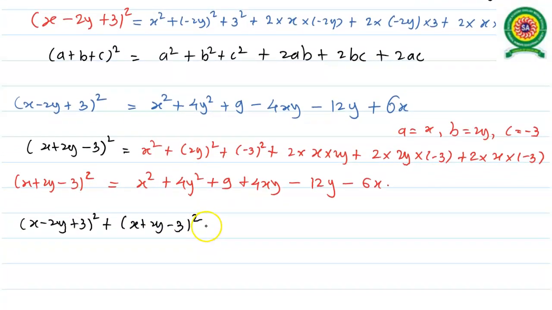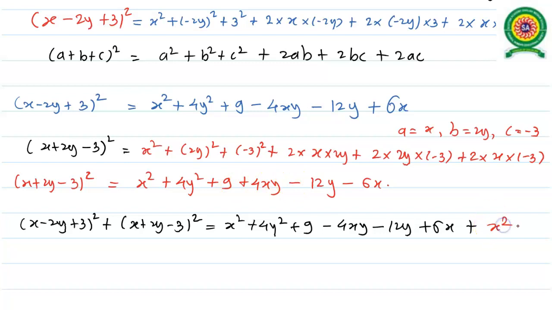So now we have the expansion for x minus 2y plus 3 the whole square, of the form x square plus 4y square plus 9 minus of 4xy minus of 12y plus 6x. Now x plus 2y minus 3 the whole square expansion is of the form x square plus 4y square plus 9 plus 4xy, then minus of 12y and minus of 6x.